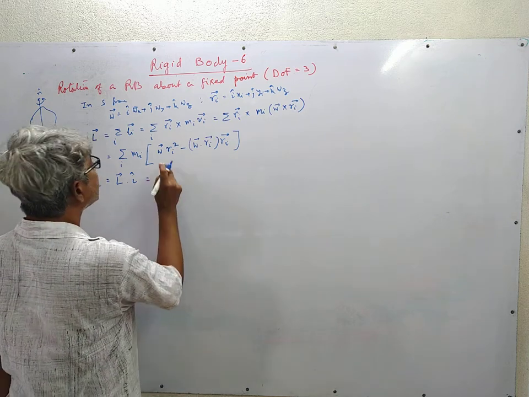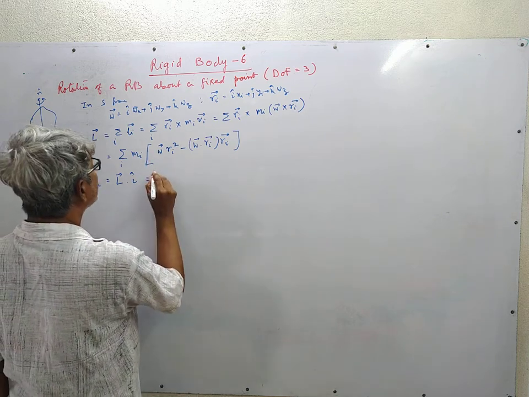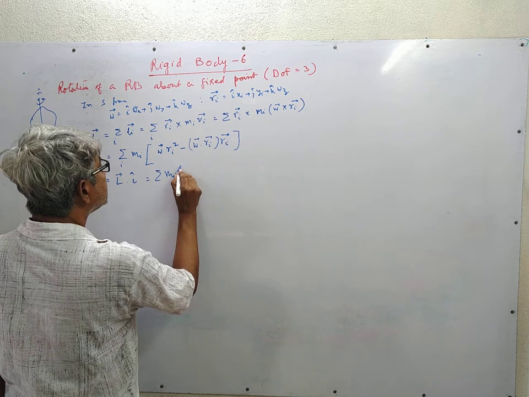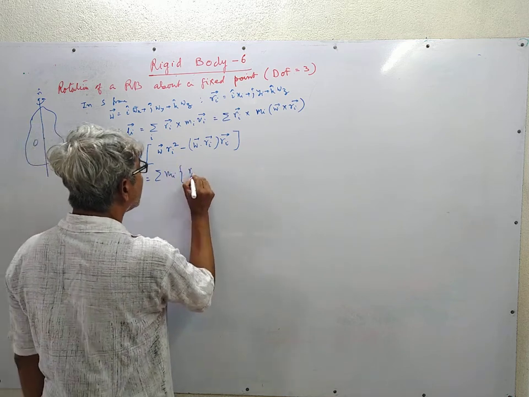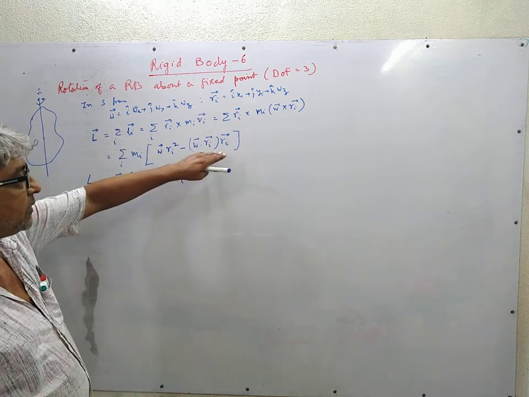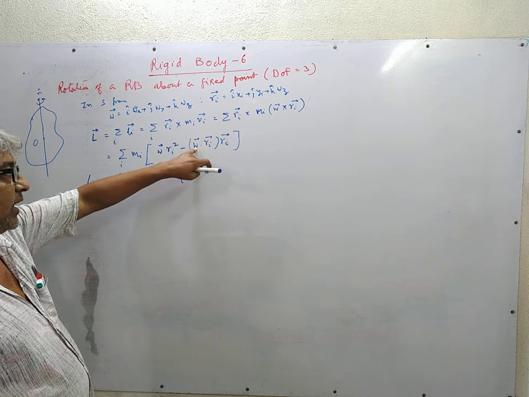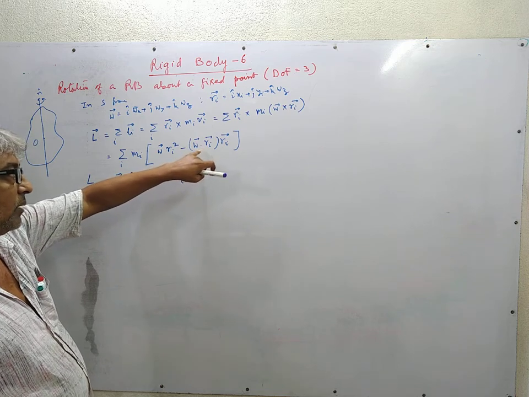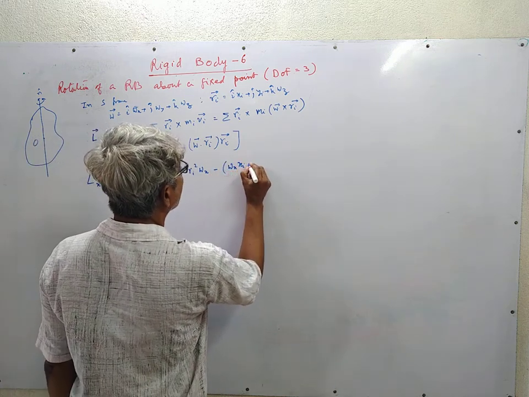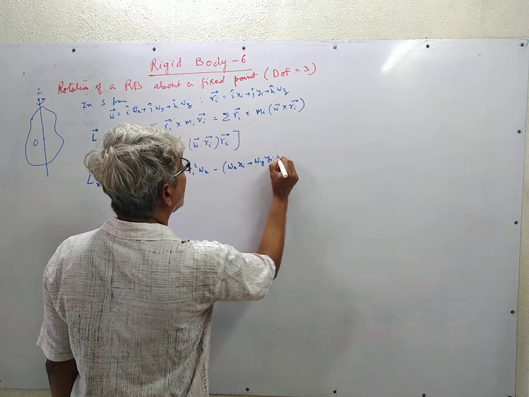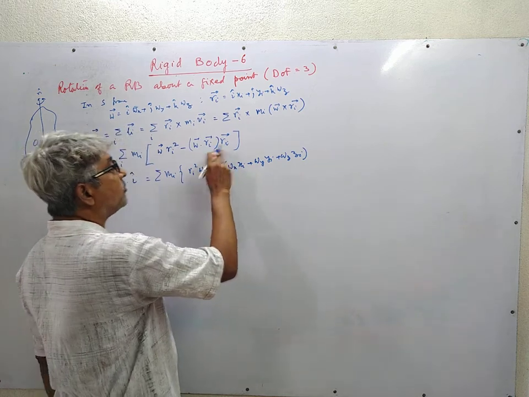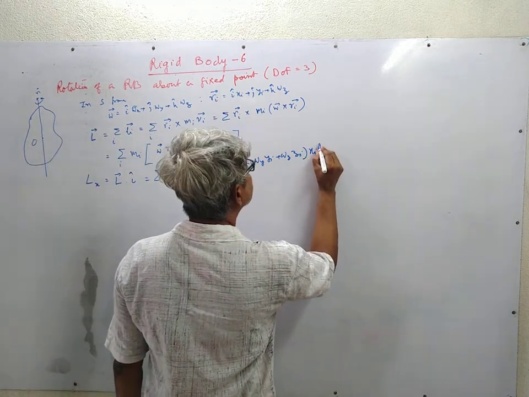If we consider this component, the contribution comes from summation over mi, Ri square omega x, minus omega x xi plus omega y yi plus omega z zi, and if we take the x component, this gives us xi.